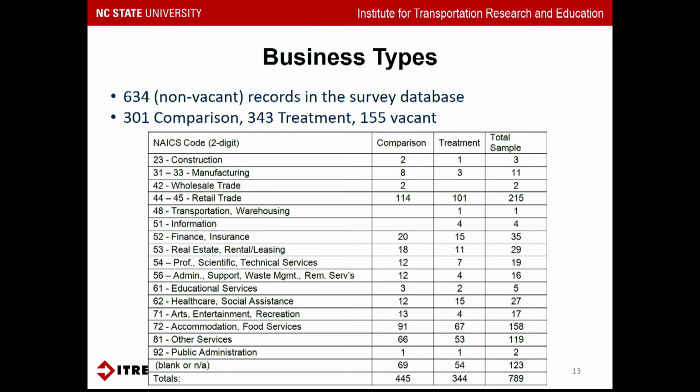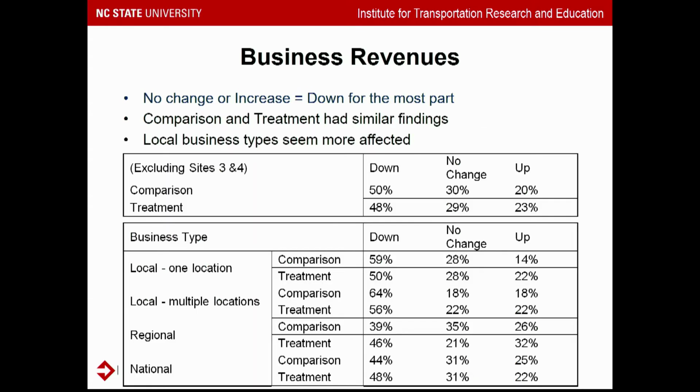So if we dip into some of those findings, when we asked about business revenues related to the raised median, comparison and treatment sites had similar findings. So this is that first page. You'll see here no change or up is about the same, 50% versus 50%.